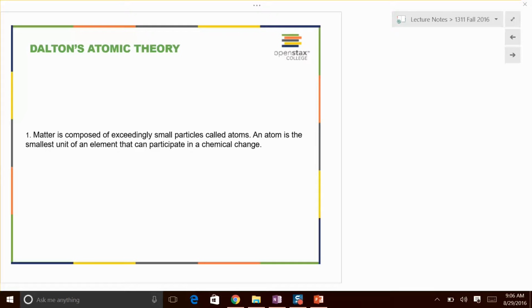He wanted to understand the definition of matter: it's anything that has mass and occupies space. If it has mass and it occupies space, it's matter. What is it made of? Dalton wanted to know what that matter is made up of. There was this idea of the atom, that matter consisted of atoms, but he was the first scientist who showed experimental data to, I'm not going to say prove it, but to establish this idea of the atom.